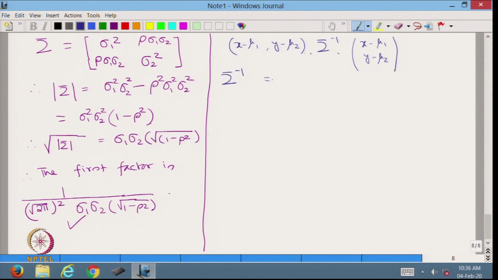Sigma inverse is equal to adjoint of sigma divided by determinant of sigma. This we know from matrix theory. I hope you remember this.